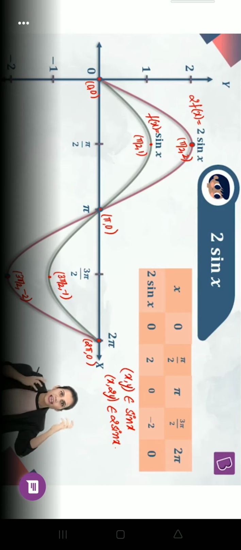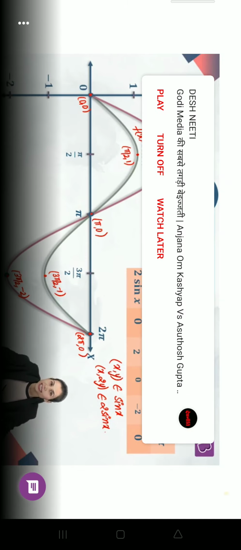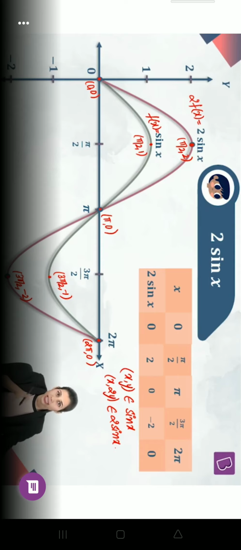Just take the graph of f and stretch it along the y-axis a times. You will get the graph of a times f of x. And if a is a fraction between 0 and 1, then don't do anything. Just take the graph of f and shrink it along the y-axis a times. You will get the graph of a times f. That is all about the transformation, which is vertical stretch.